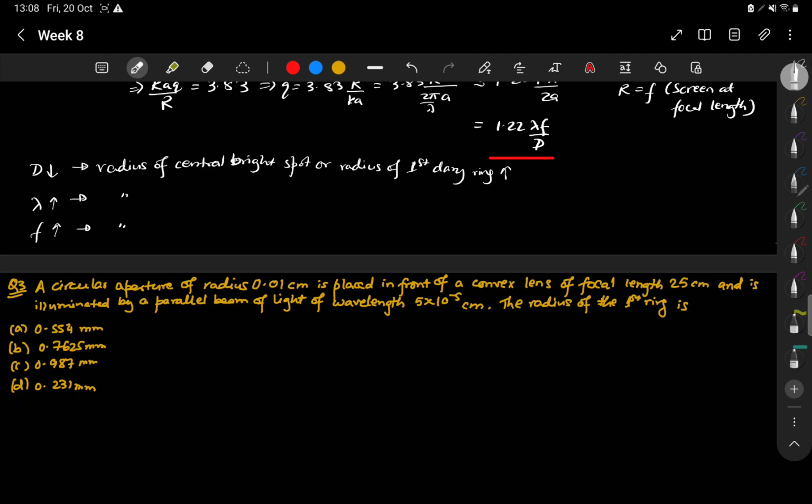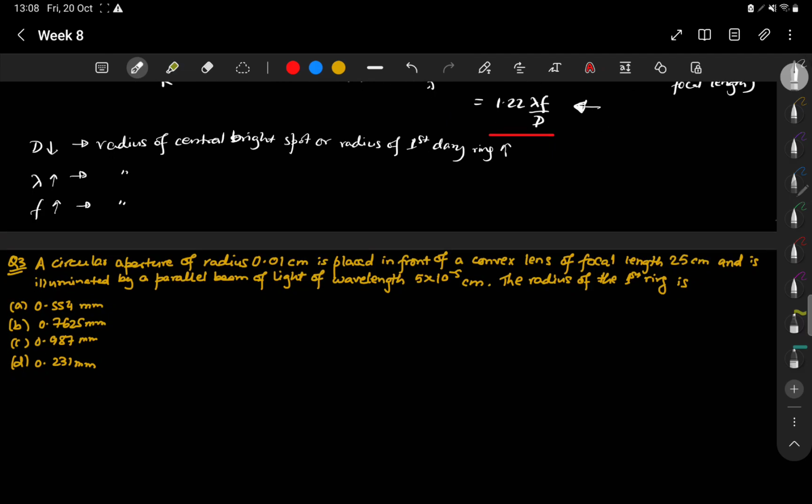We will make use of this expression right here, and we have already been given lambda is 5 into 10 to the power minus 5 centimeters. Focal length is 25 centimeters. Radius A is 0.01 centimeters. And D is nothing but 2 times A, which is 0.02 centimeters.